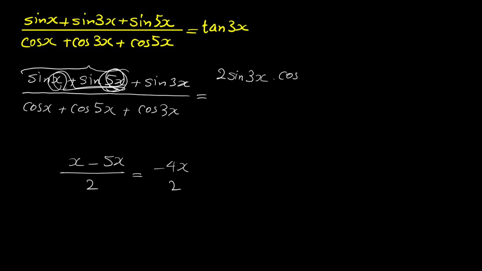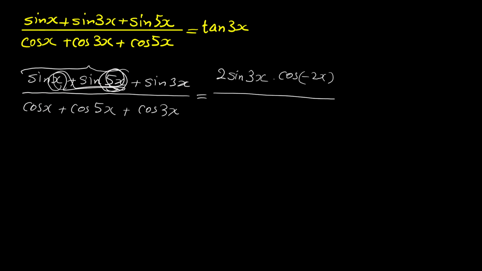So we have cosine of negative 2x here plus sine of 3x. This is for the numerator. Now let's do the same thing for the denominator.